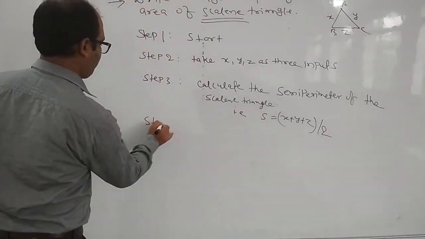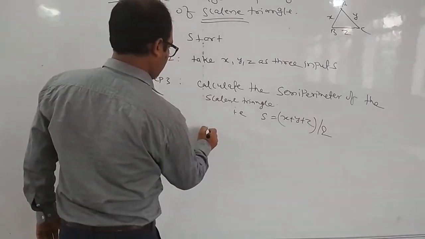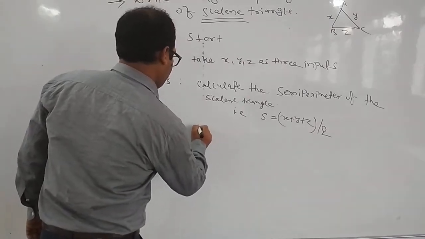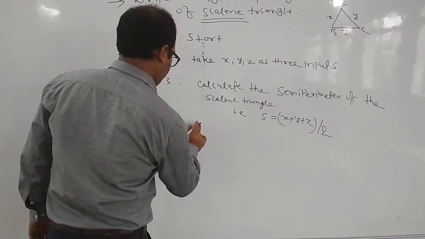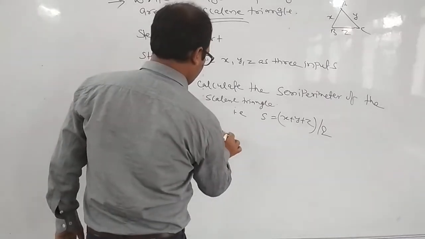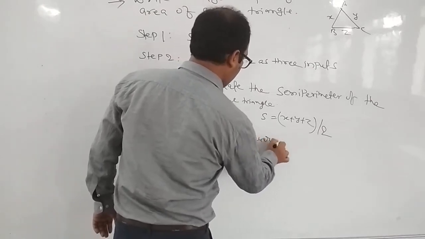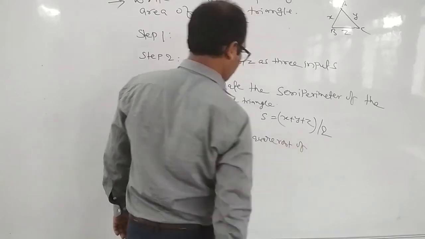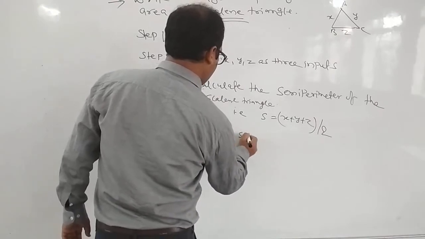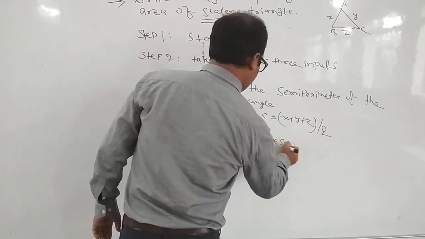Step 4. Area is equal to the square root of s into s minus a into s minus b.